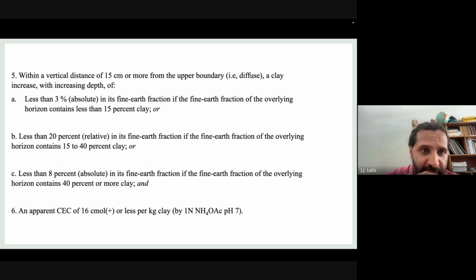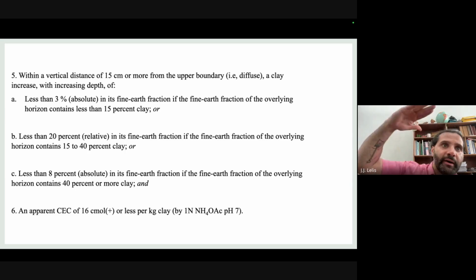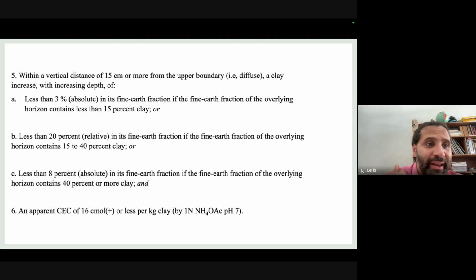In a vertical distance of 15 centimeters or more from the upper boundary of the B horizon, the clay content should not vary a lot. So this is the opposite of the criteria to identify argillic, candic, and natric horizons, okay? So if, for example, the surface horizons register less than 15% of clay, the B horizon should register less than 3% more clay than the A horizon.